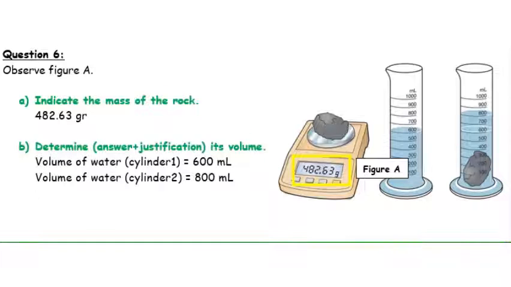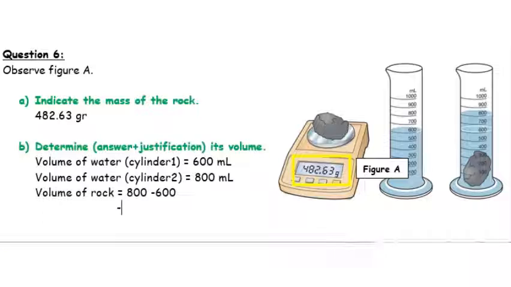Why did the volume of the water increase? Why is it bigger in the second cylinder? Because we added a rock. So the volume of the rock is equal to 800 minus 600. That means equal to 200 milliliters.